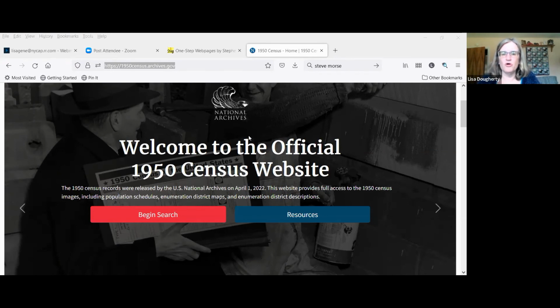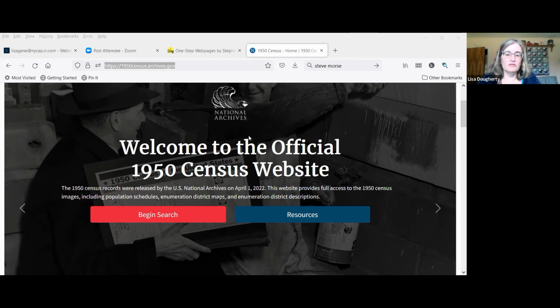NARA is well known for the catalog of their holdings. They do partnerships with websites like Ancestry, Family Search, and the military website Fold3. They partner with those websites to make more of the records in their physical facilities available online.